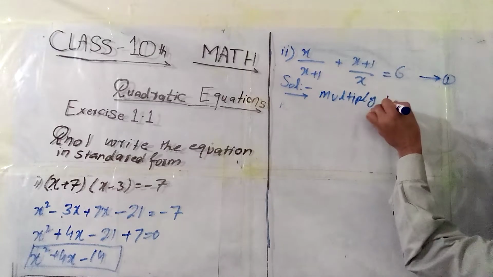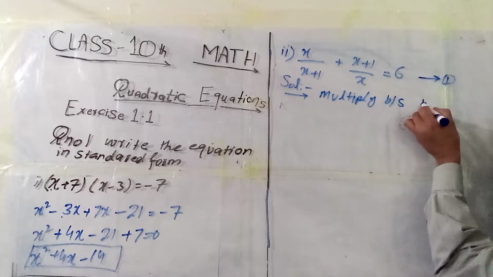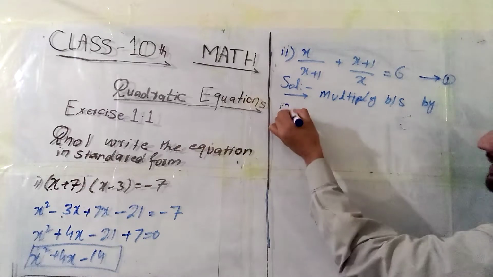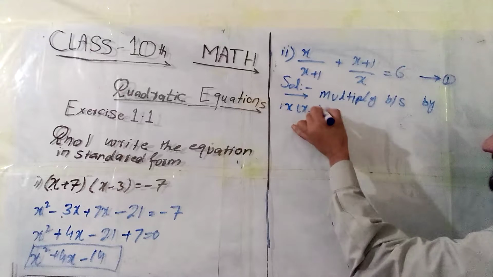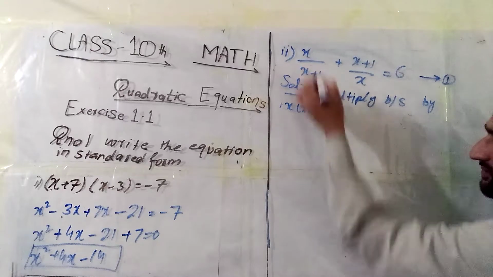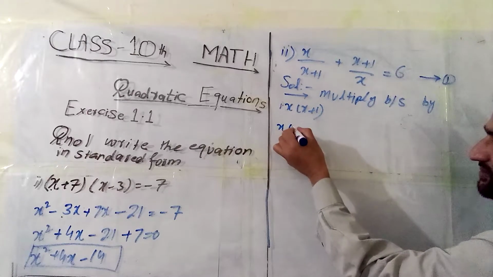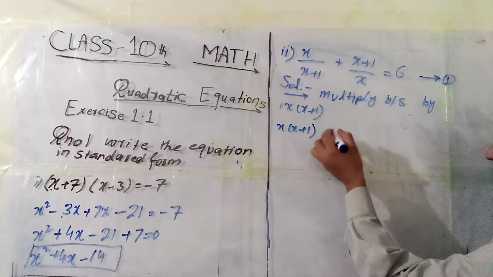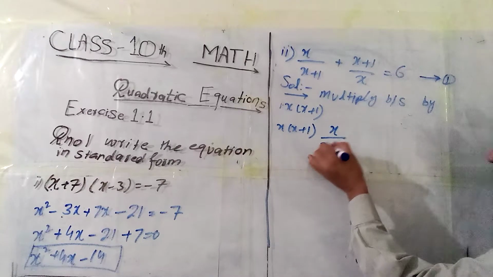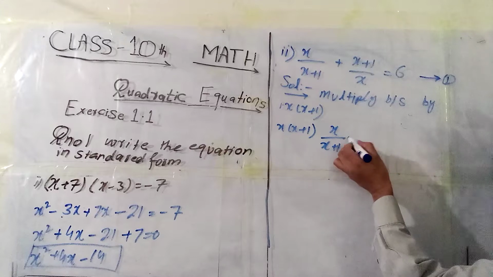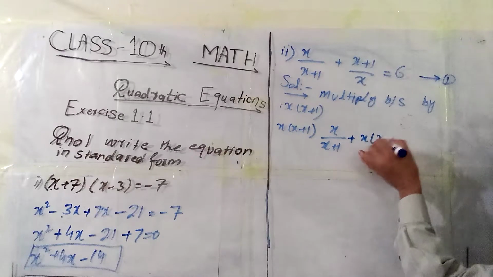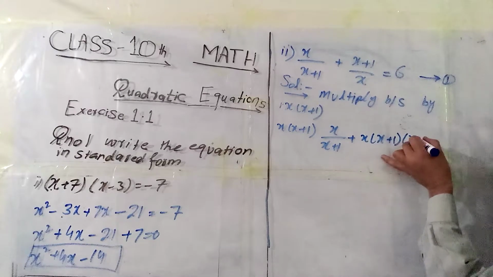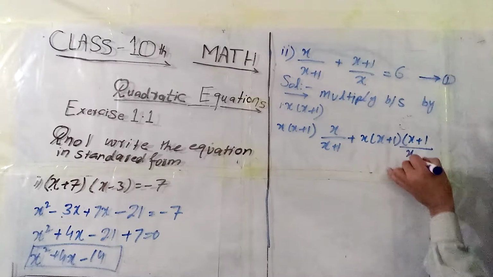Multiplying both sides by x into x plus 1, right? Then you can notice that x into x plus 1, here will be x divided by x plus 1, plus x into x plus 1, here is x plus 1 divided by x.